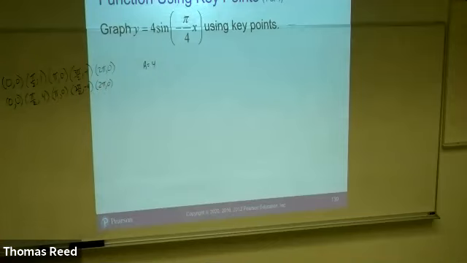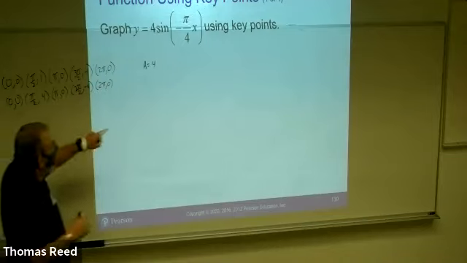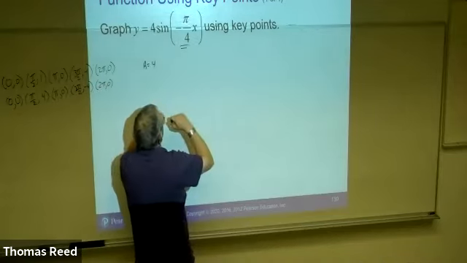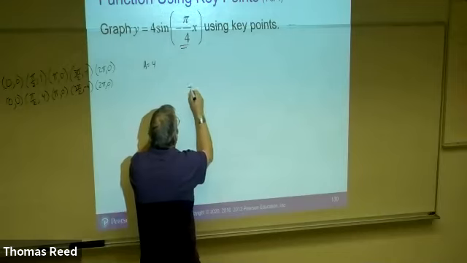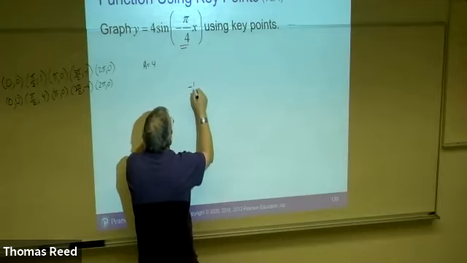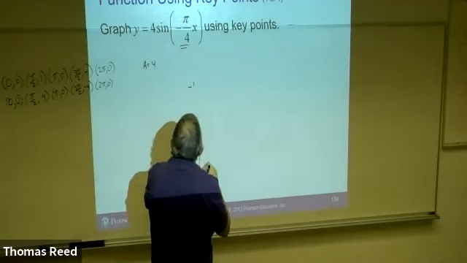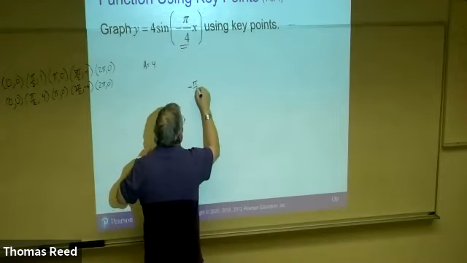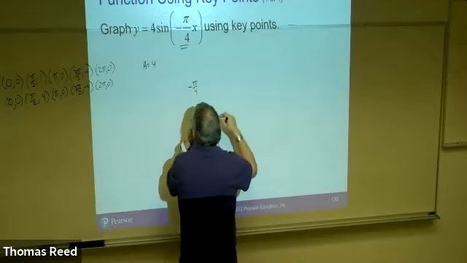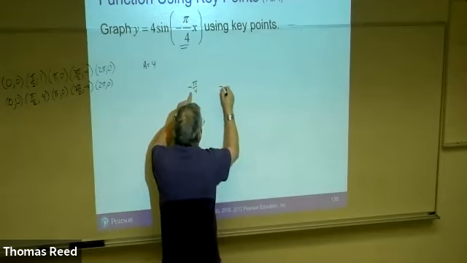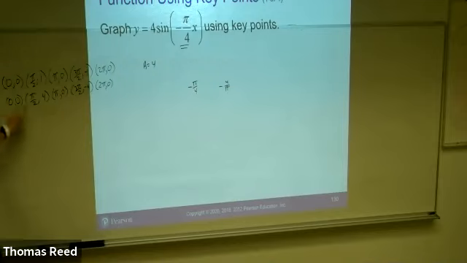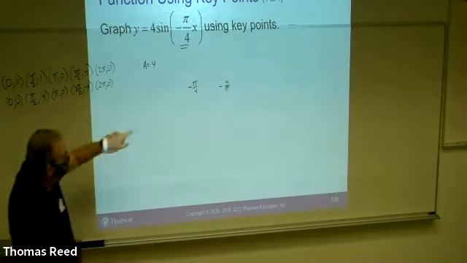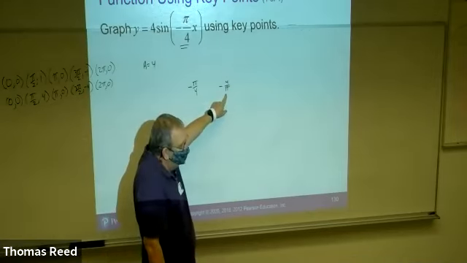Now, the next thing we're going to change is the x values, because we're changing x. If we're multiplying x by a negative pi over 4, the reciprocal is -4 over pi. So I'm going to multiply each of the x values by -4 over pi.